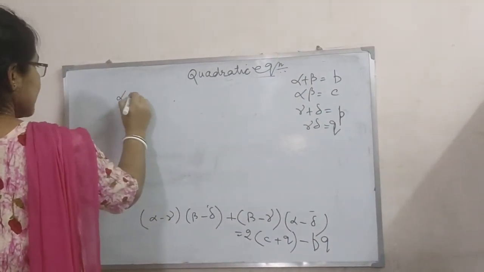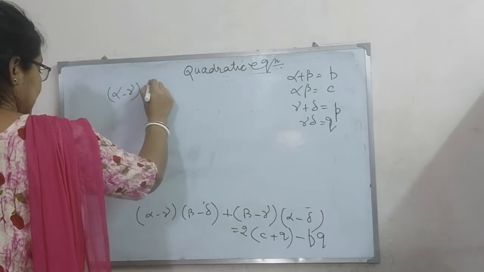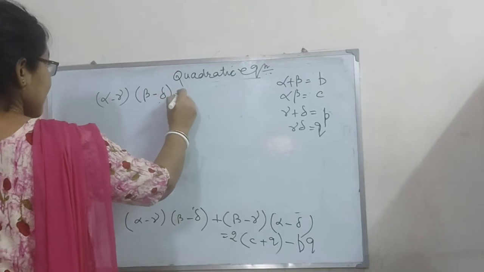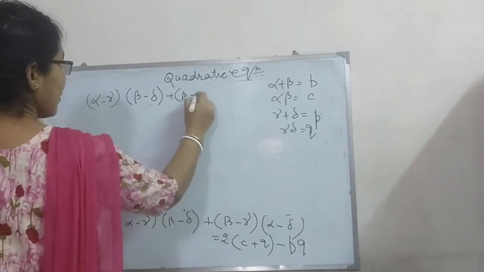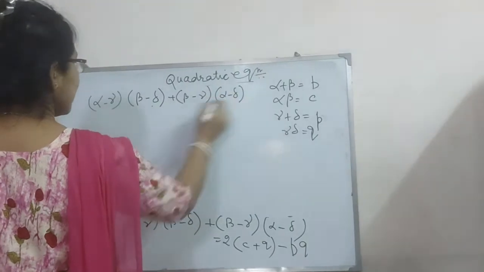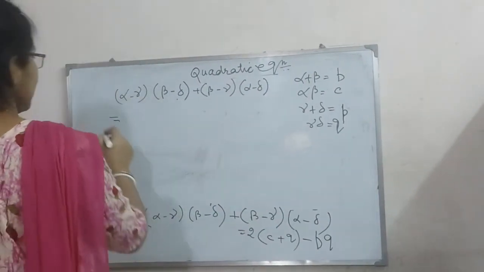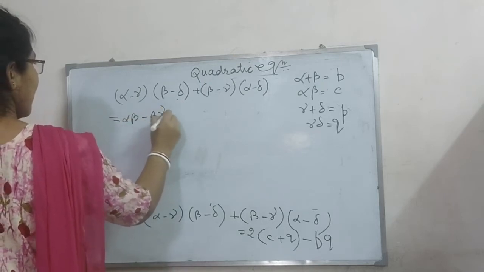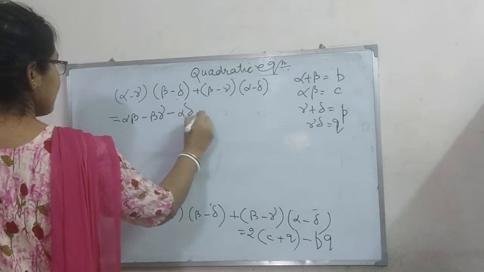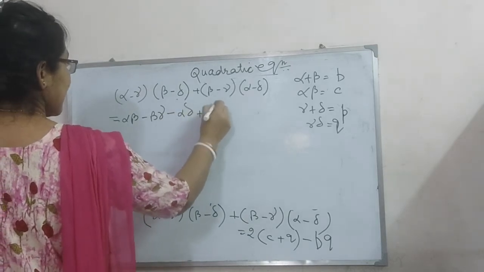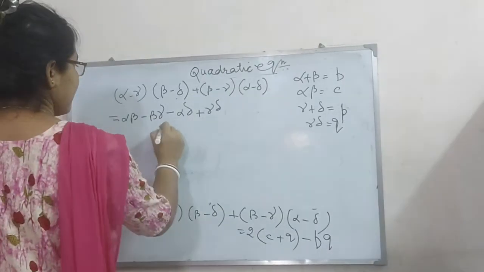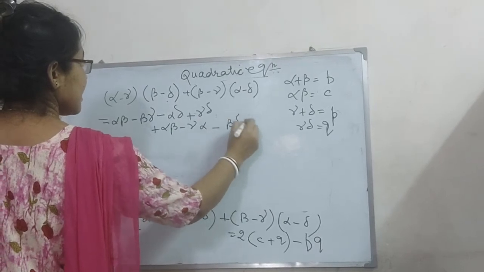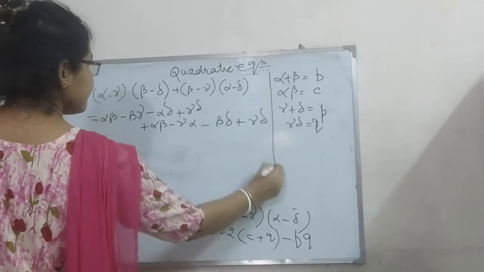So (alpha minus gamma)(beta minus delta) plus (beta minus gamma)(alpha minus delta) equal to, if we multiply, I will get alpha beta minus beta gamma minus alpha delta plus delta gamma, simple multiplication, plus alpha beta minus gamma alpha minus beta delta plus gamma delta.